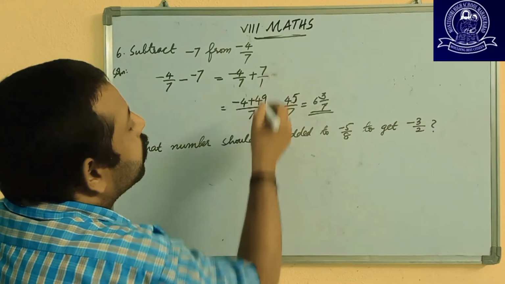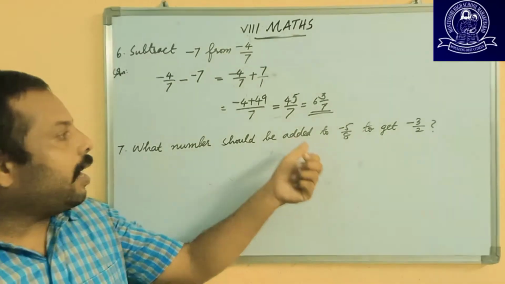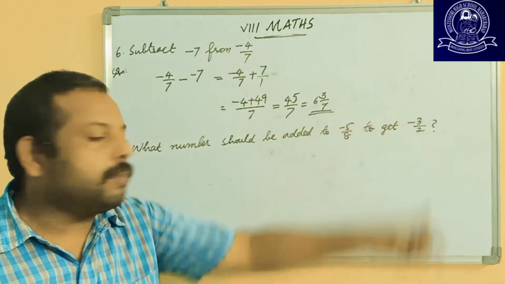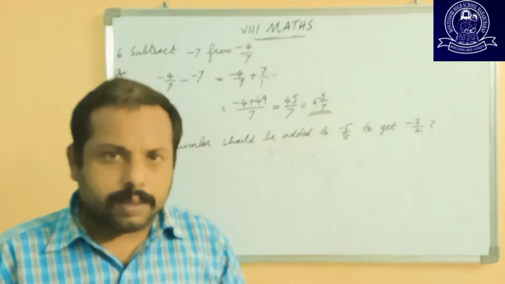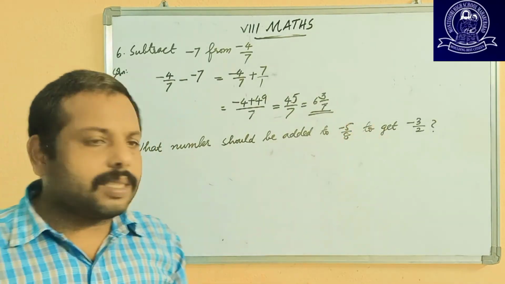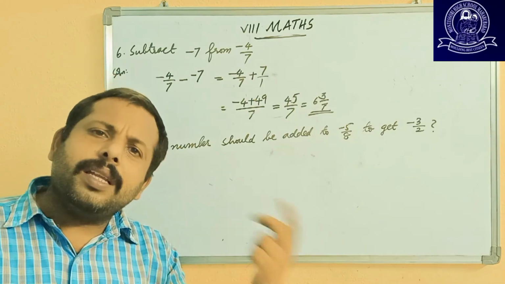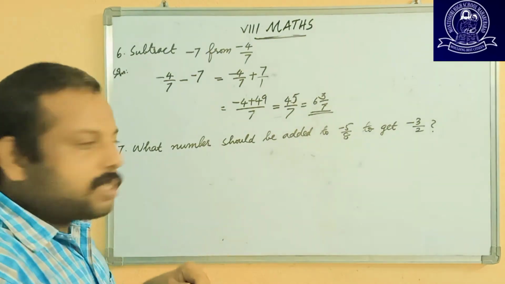Okay. So now next. What number should be added to minus 5 by 8 to get minus 3 by 2? Whenever we get these types of problems, what can we do? Instead of these rational numbers, think of any numbers of your choice. Let us rearrange the question in this way.